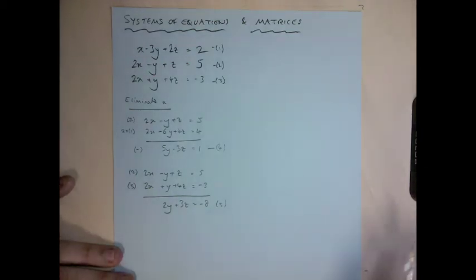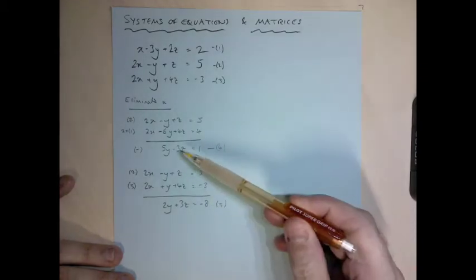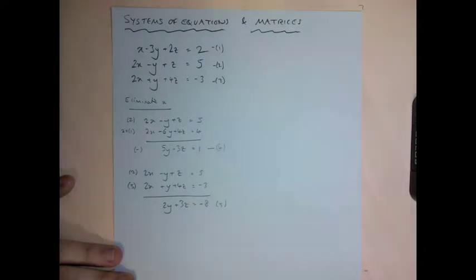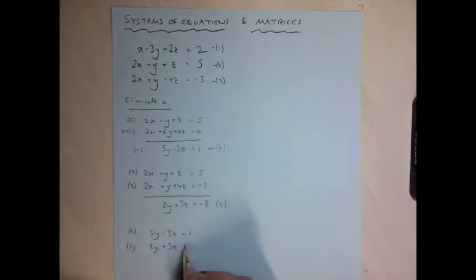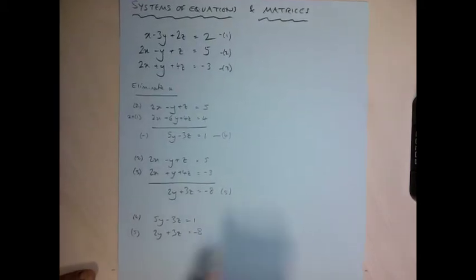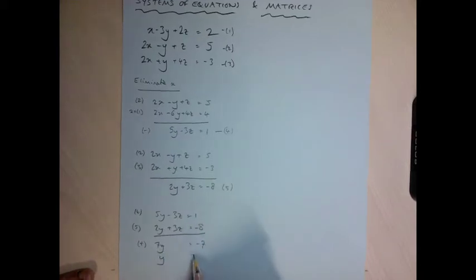5. Then I need to eliminate either the y or the z from 4 and 5, and I can see that the z coefficients match nicely. Equation 4 is 5y minus 3z is 1, and equation 5 is 2y plus 3z is equal to minus 8. Of course, I can now add these together to get 7y is equal to minus 7, and then y is equal to minus 1.